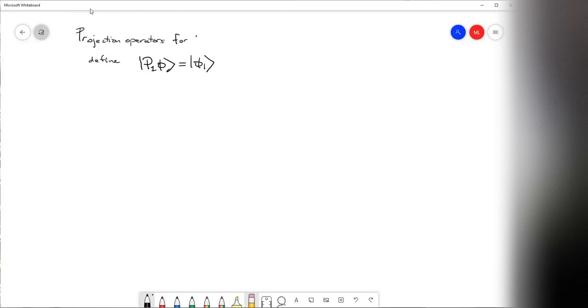So again, it's a projection operator for some subspace of your Hilbert space. The little thing just means a subset or subspace. You'll show on the homework that P1 is Hermitian.